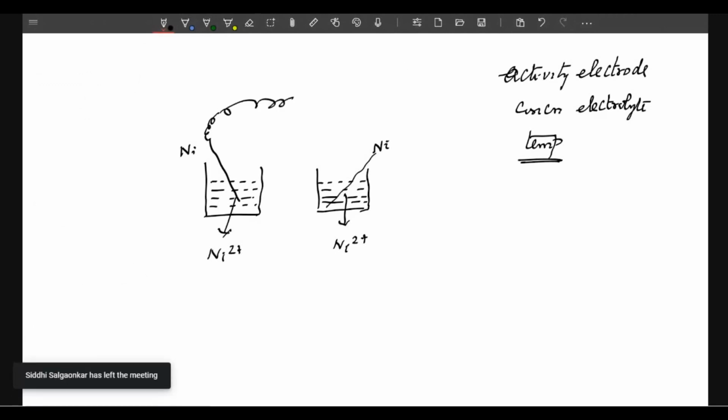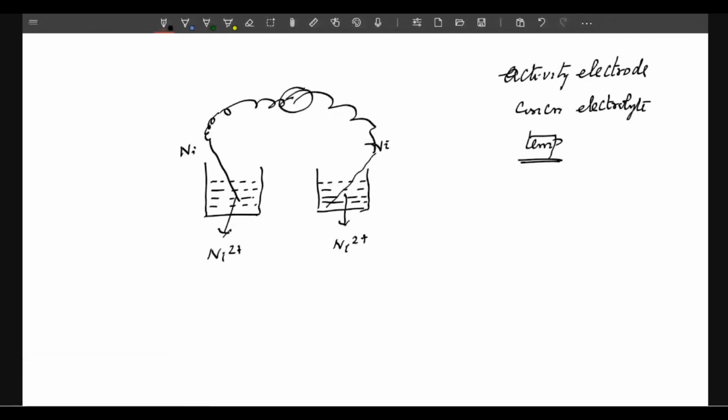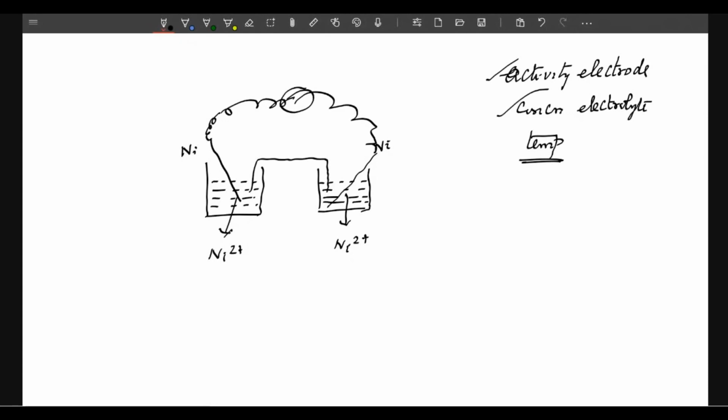I am connecting these two using a voltmeter and completing the circuit. Here I have kept the activity of both electrodes the same. The concentration of the electrolyte here is 0.01 molar, and here also 0.01 molar. And the temperature, here I am going to vary.